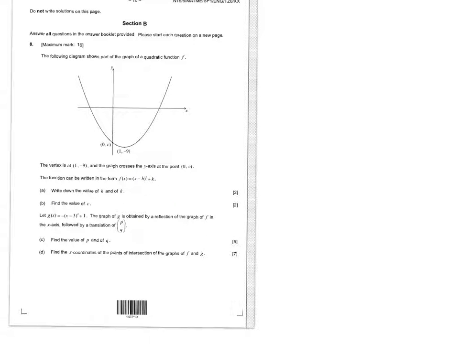Part B. Find the value of c. So c is this point here. That's our y-intercept. And we now know from part A that f of x is equal to (x minus 1) squared minus 9, because we know h is 1 and we knew k was minus 9.